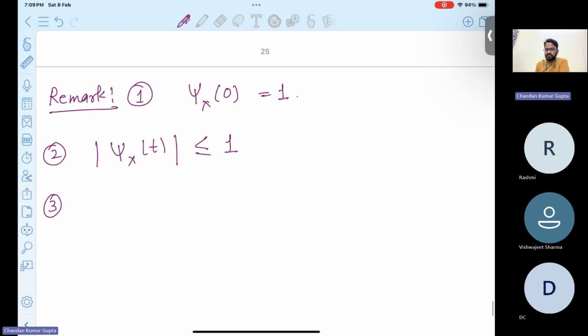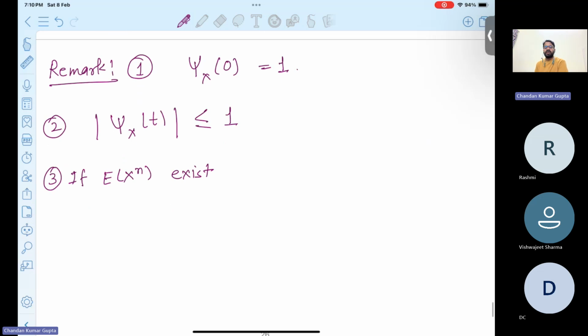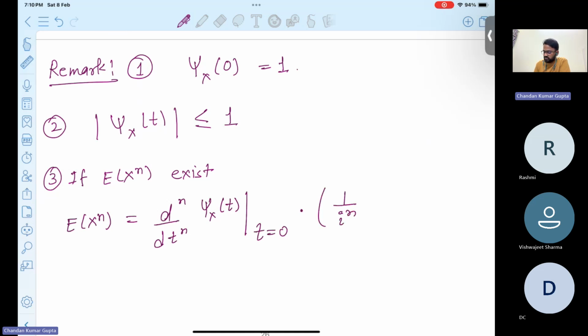Also, it is used to calculate the moments. If the expectation of X to the power n exists, then it can be calculated with the help of the characteristic function as the nth order derivative of psi X(t) at t equal to 0 multiplied by 1 by i to the power n.